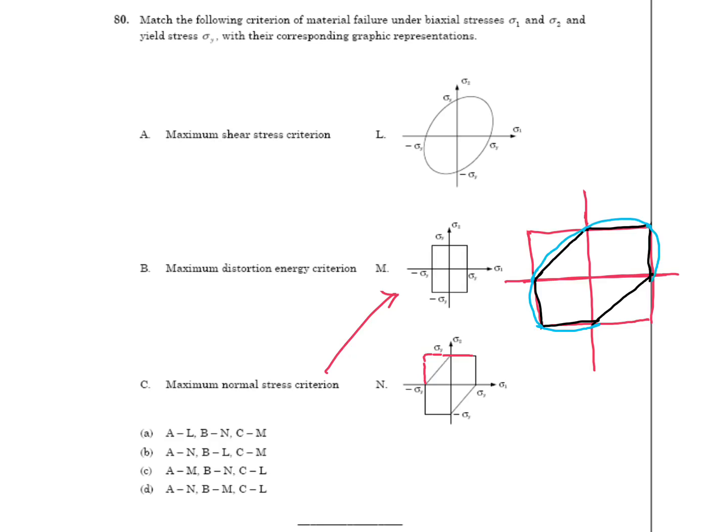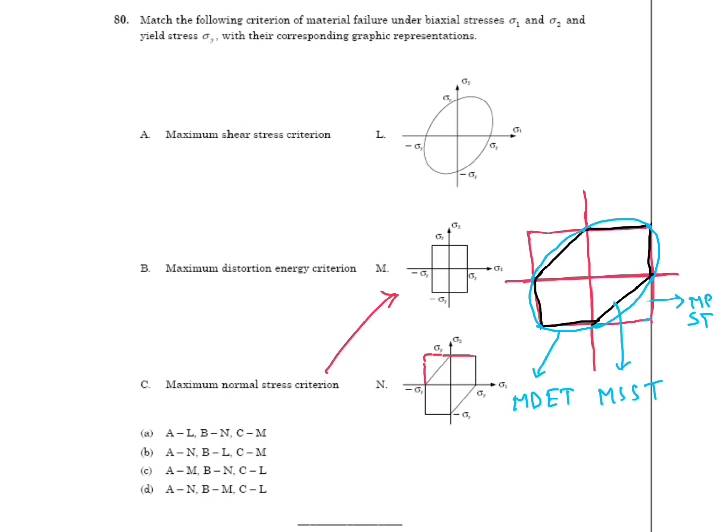One thing you have to remember, most conservative is this one, minimum area, maximum shear stress theory. Then this is for MPST, maximum principal stress theory, and in between maximum principal stress theory and maximum shear stress theory, this is MDET, maximum distortion energy theory.